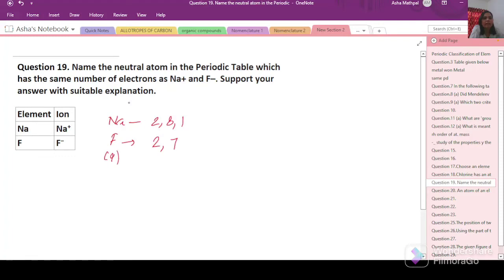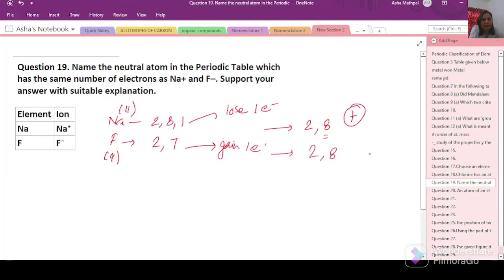So I'll write 9 here, 11 here, atomic number, and that is why it is their electronic configuration. Now sodium always loses 1 electron to attain the configuration, so it becomes 2, 8, and that is why it has the positive charge. Now F always gains 1 electron and it becomes 2, 8, and that is why it has negative charge because it is gaining, right?